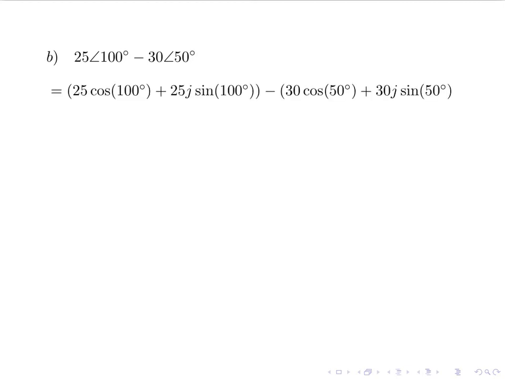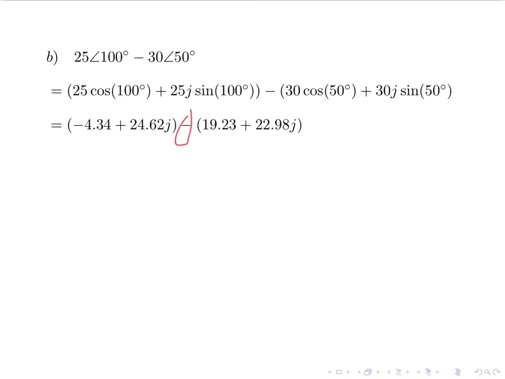So the first thing I'm going to do is start rewriting it so that it looks more like rectangular form. So 25 with an angle of 100 degrees is 25 cosine of 100 degrees plus 25j sine of 100 degrees. We'll do the same thing with our 30 and 50 degrees. We'll plug all four of those into the calculator.